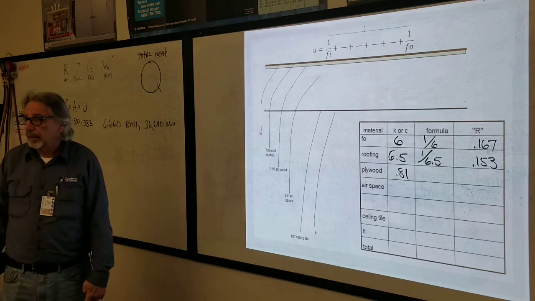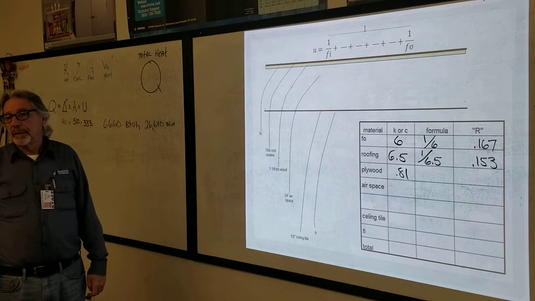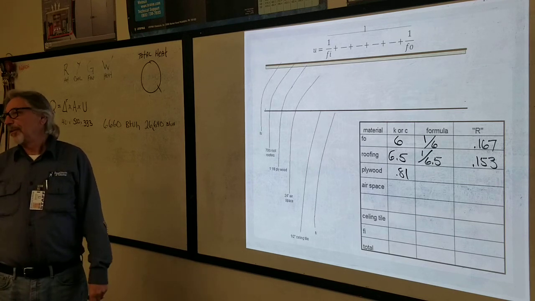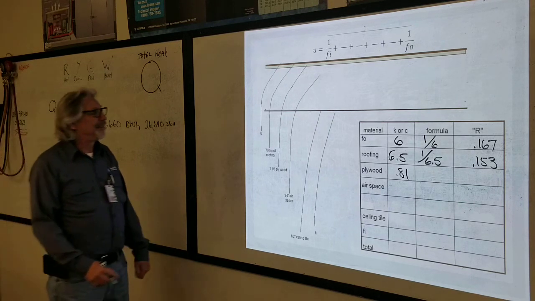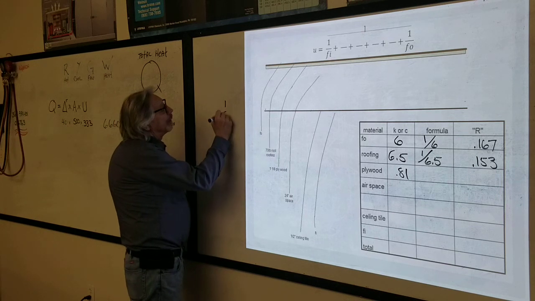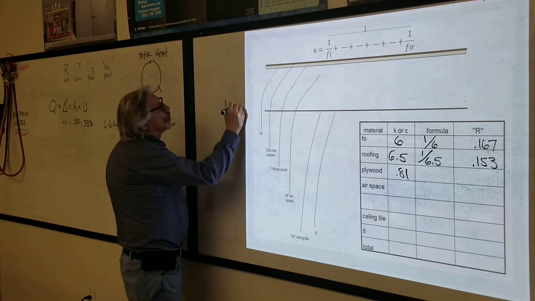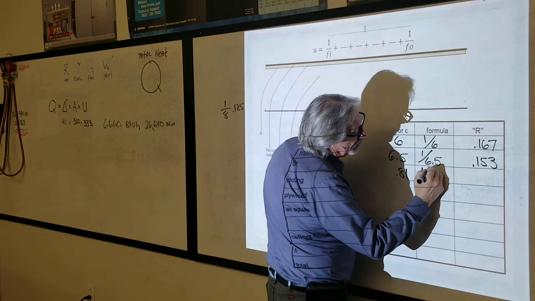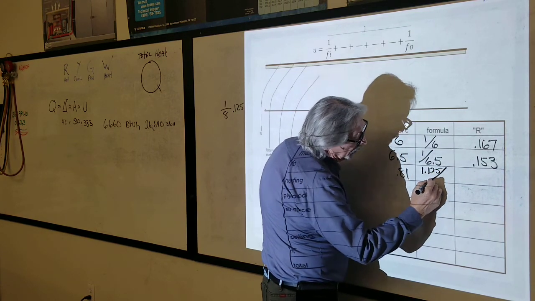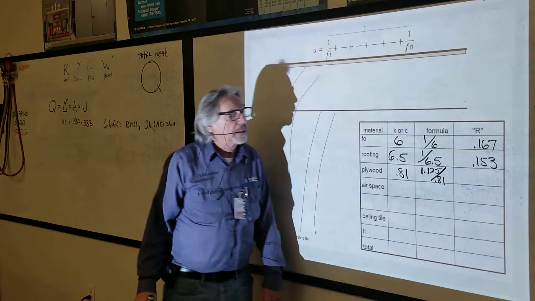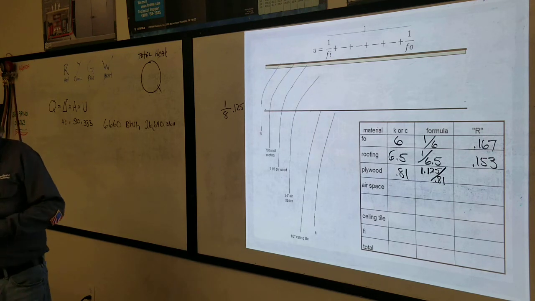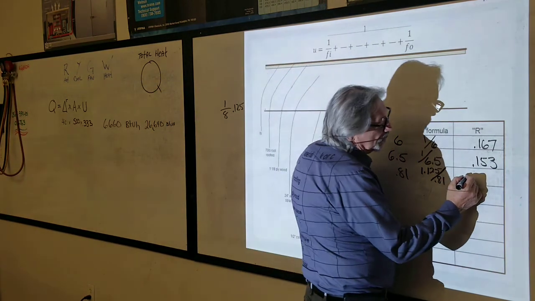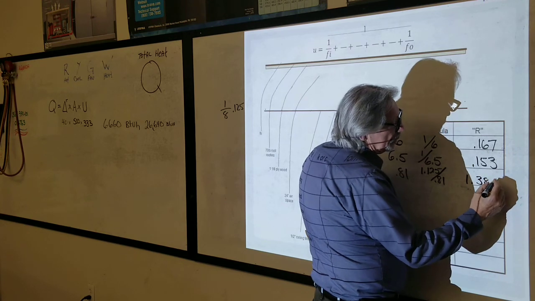What is 1 divided by 8? 0.125. So 1.125 divided by 0.81 is 1.388.